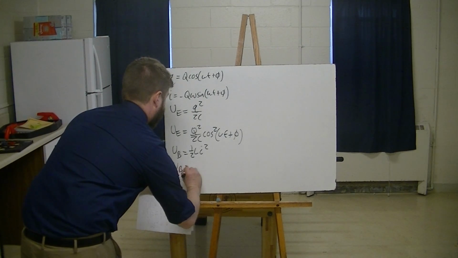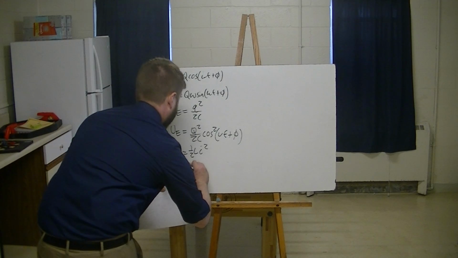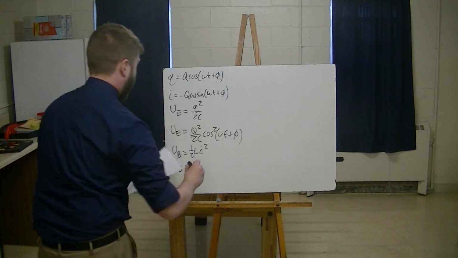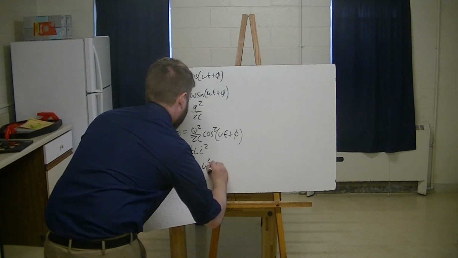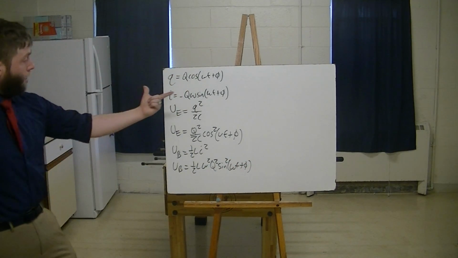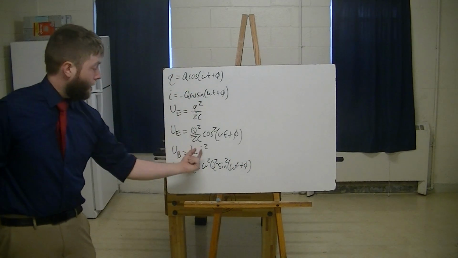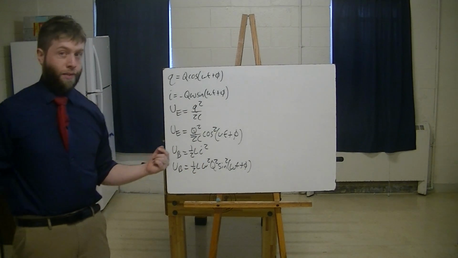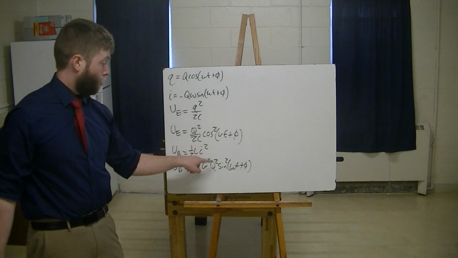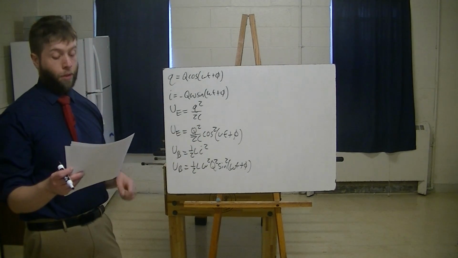So that energy inside the magnetic field is now going to be 1/2 L omega squared Q squared sine squared of omega t plus phi. So I substituted the current into the energy inside of the magnetic field, 1/2 L omega squared Q squared sine squared omega t plus phi.